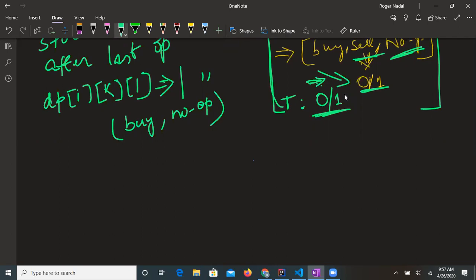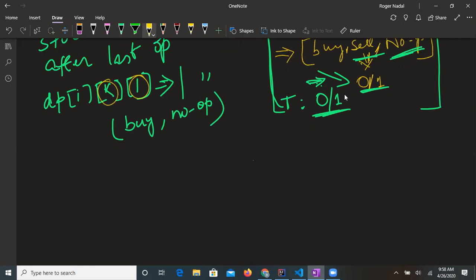Can you explain the second equation, DP of i, k and one? K is the transaction, but one is the number of stocks in hand. So that is not the transaction; the transaction is here.